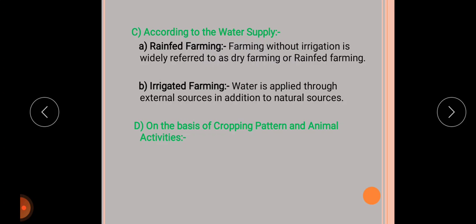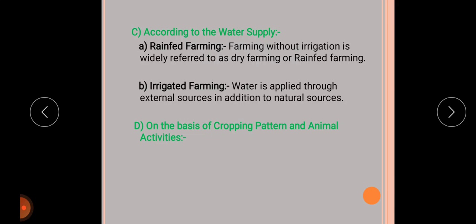Then D, on the basis of cropping pattern and animal activities. In this farming system, holdings are grouped according to the leading crops and livestock activities. Each activity has different requirements of climate, soil, market, and inputs, so such farms can be grouped together.